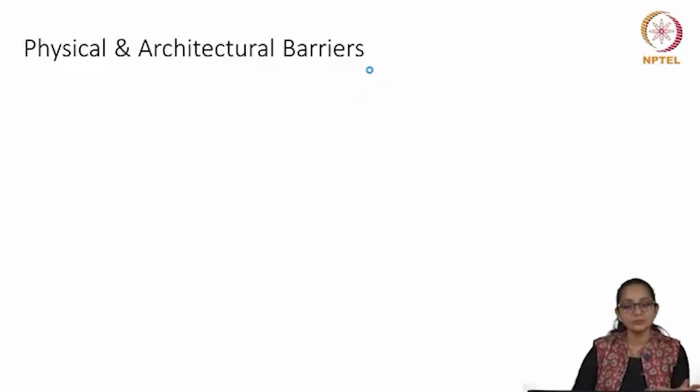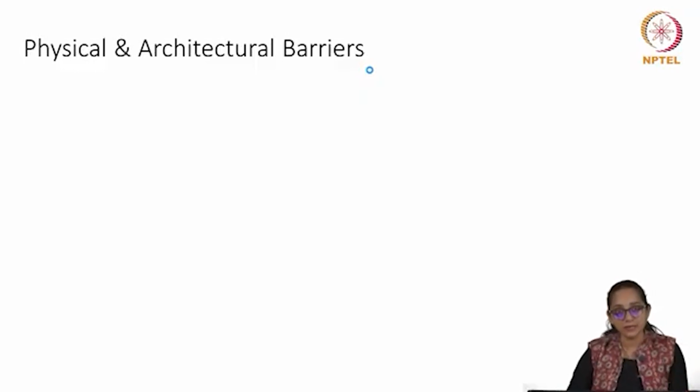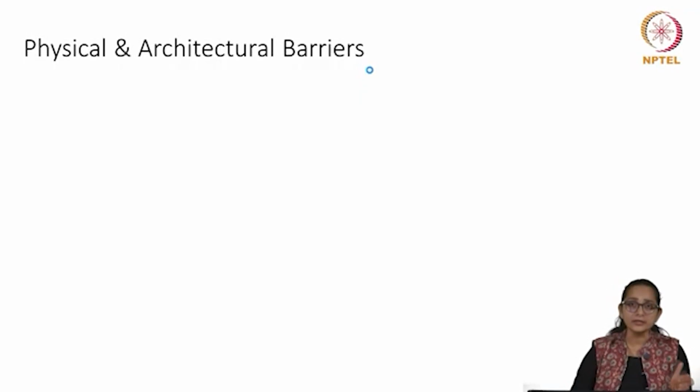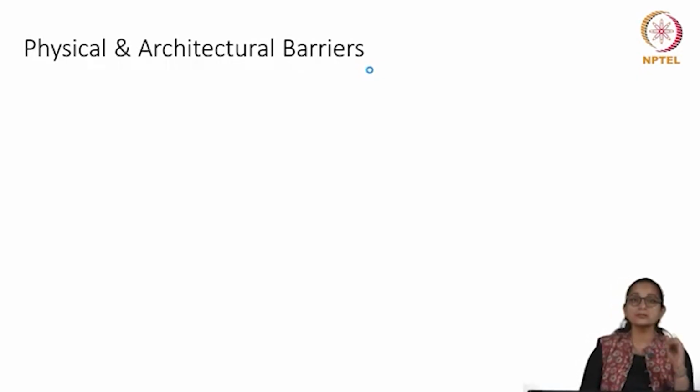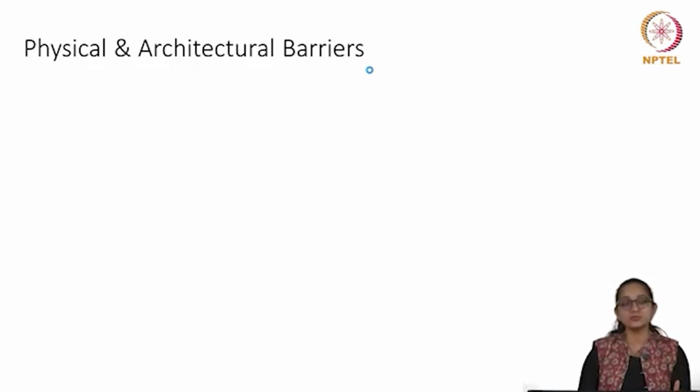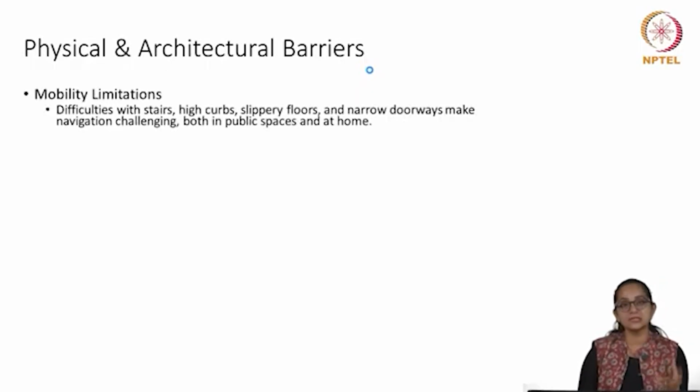Let us start with some physical and architectural barriers. Though they are not directly in alignment with our focus of digital accessibility, it is important to discuss these issues because many a times there may be some possible gaps which can be filled by an ICT technology. So, you can see it as an opportunity as well.